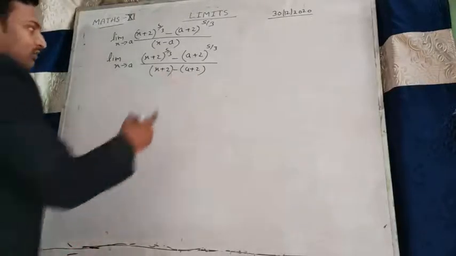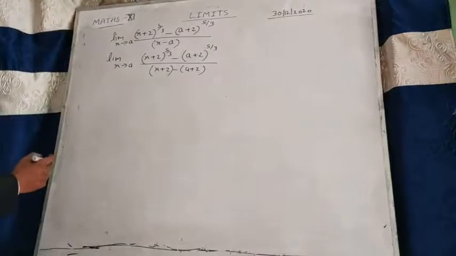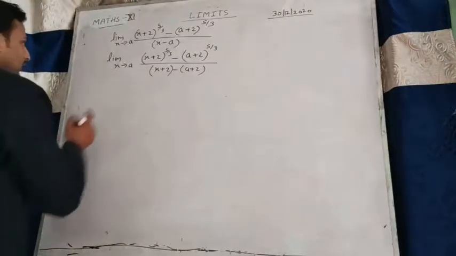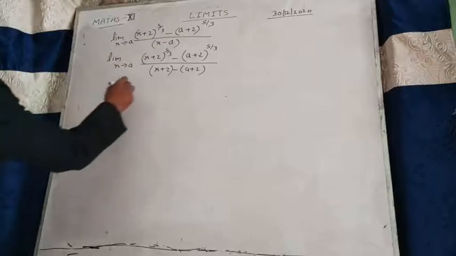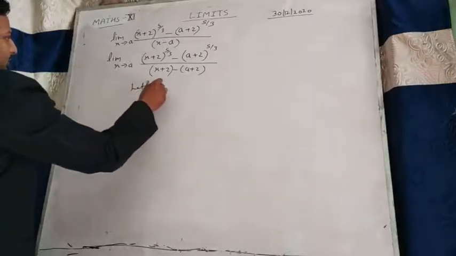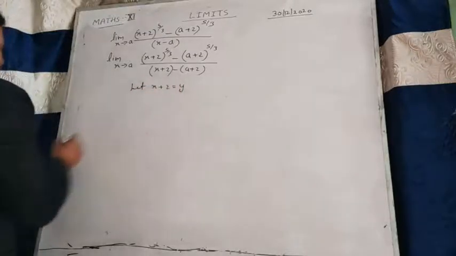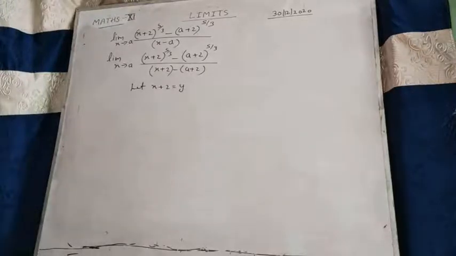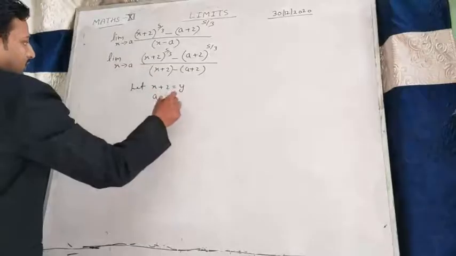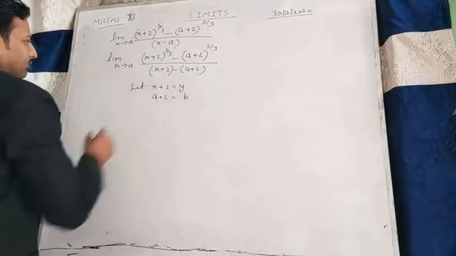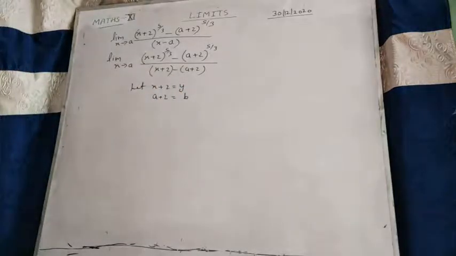Now we will suppose that x plus 2 is equal to y, and a plus 2 is equal to b.